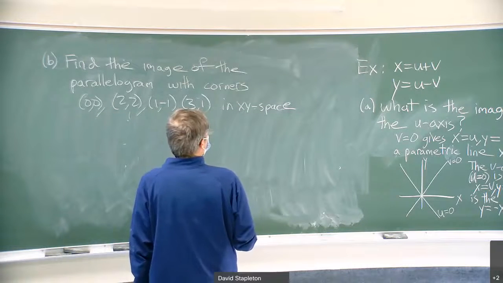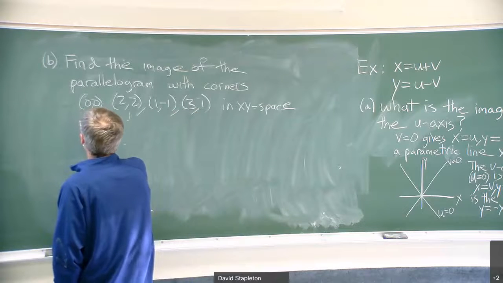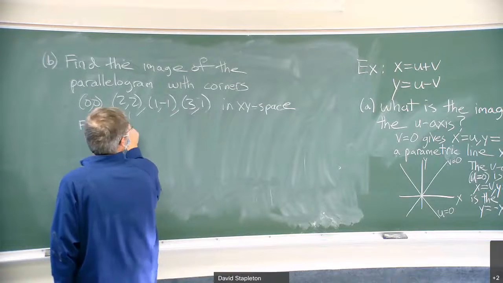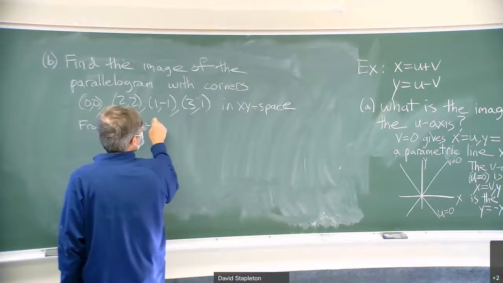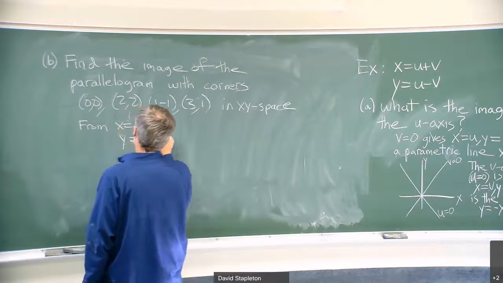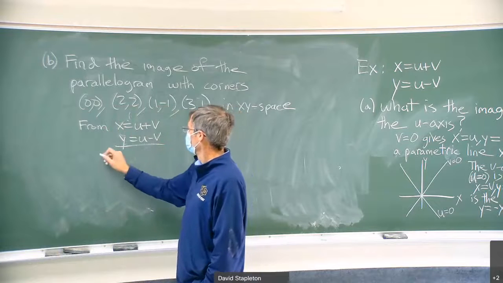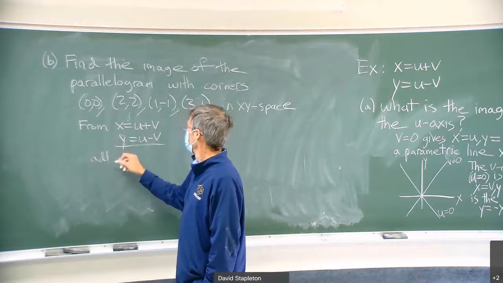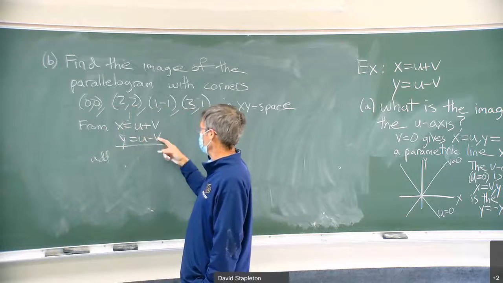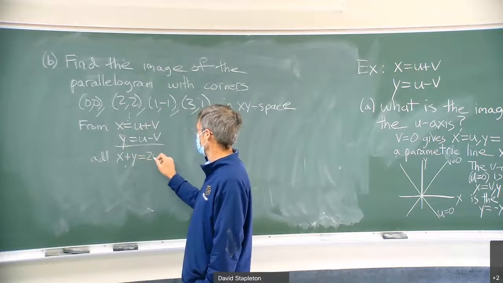what we have is the XY coordinates, so we have to solve for U and V from X equals U plus V and Y equals U minus V. We can add these two to eliminate V and get X plus Y equals 2U.